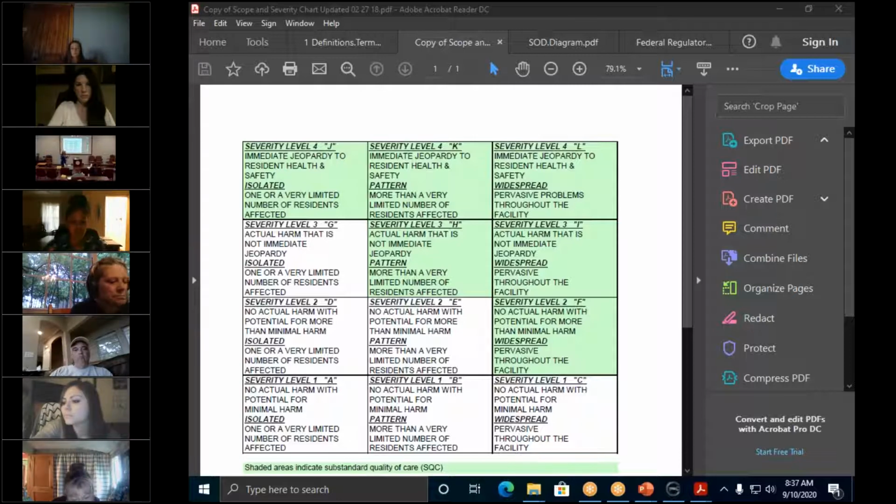Hopefully you get something that says no deficiencies were cited. That'd be awesome every time, but it doesn't always happen that way. One of the things that I keep handy, and this actually hangs over my desk at all times, and even before I was working for the state, I had it handy as an administrator. This tells me all the different levels of deficiencies.